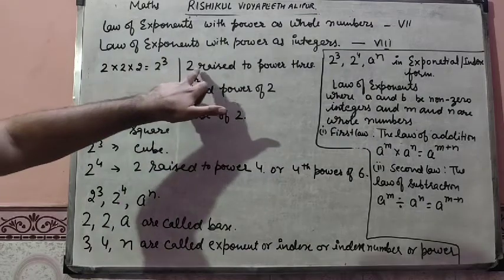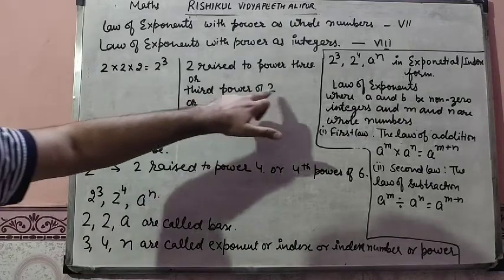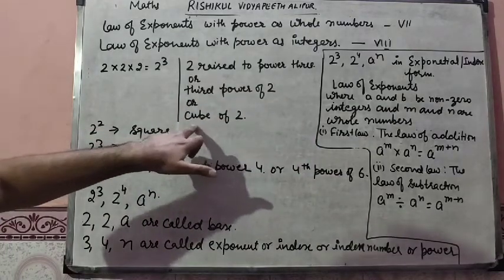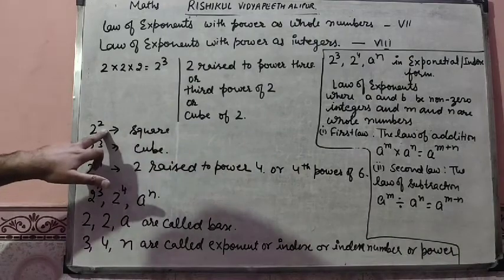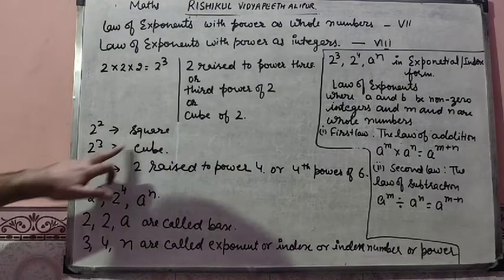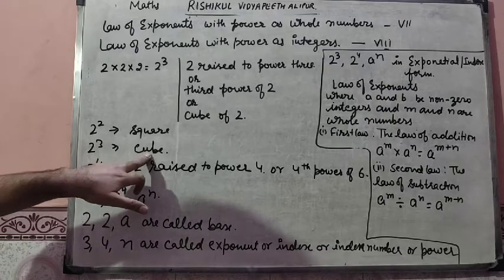In 7th class we have learned that it is read as 2 raised to power 3, or third power of 2, or cube of 2. The special name is given when the power is 2, that is called square, and when the power is 3, that is called cube.